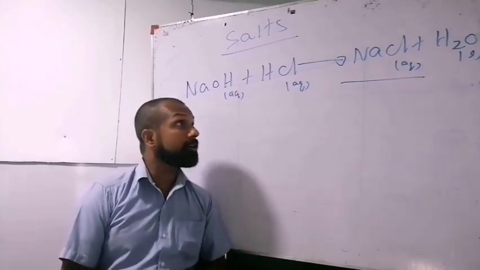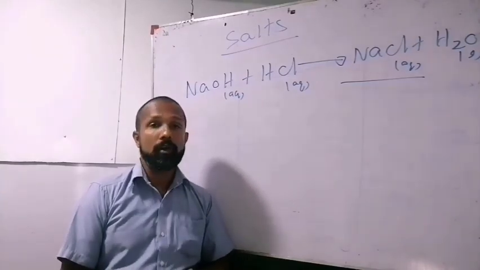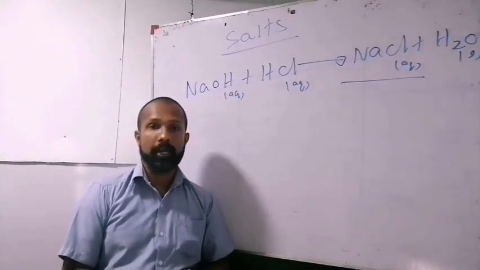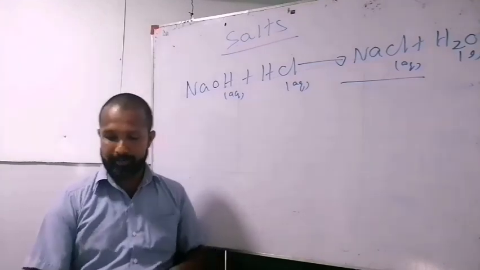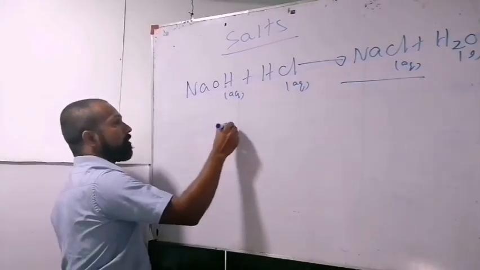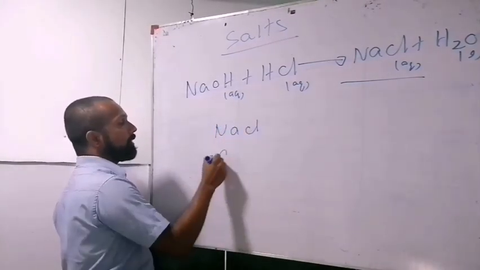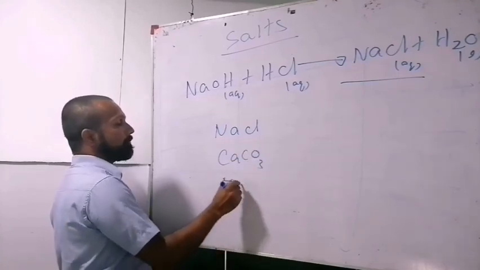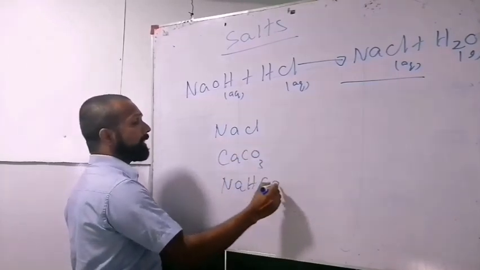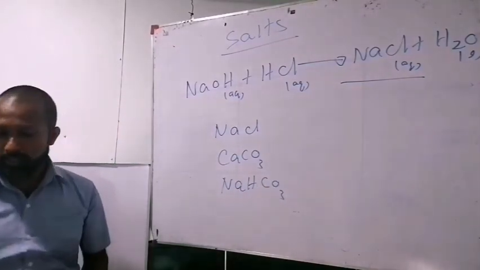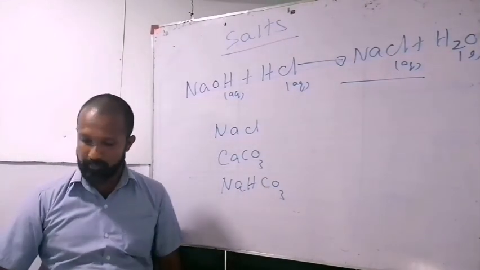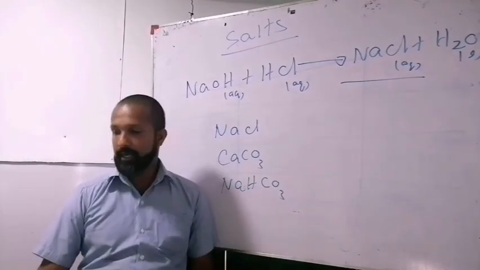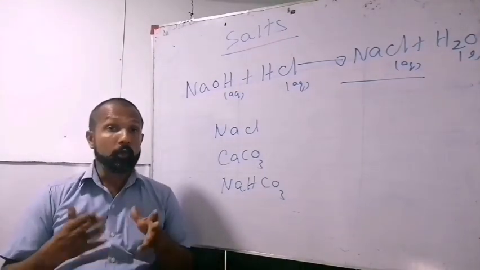We have to understand about some of the salts that we use commonly in our day-to-day life. Sodium chloride is a common salt, and calcium carbonate is a salt. Sodium bicarbonate is also a salt. Those are some examples of salts that we use in our day-to-day life. There are many uses of salts.